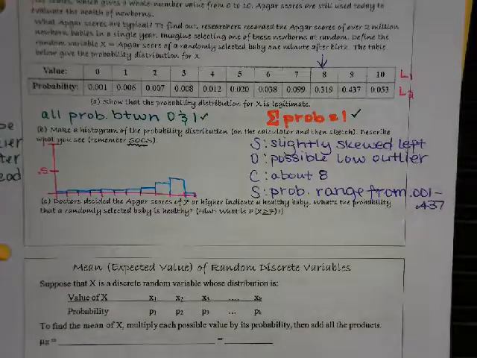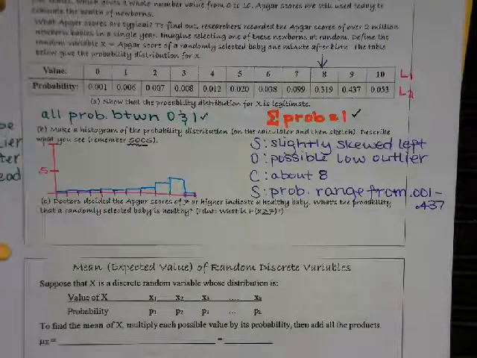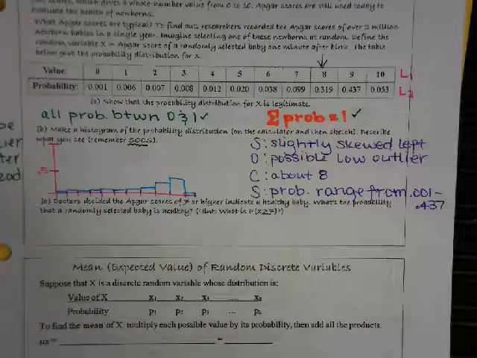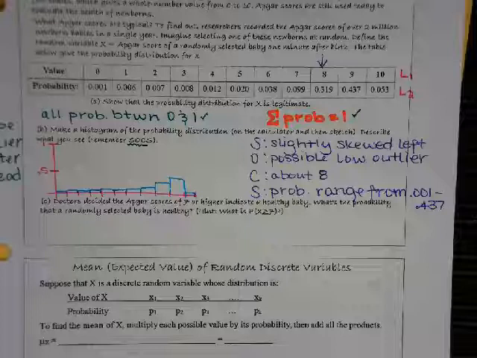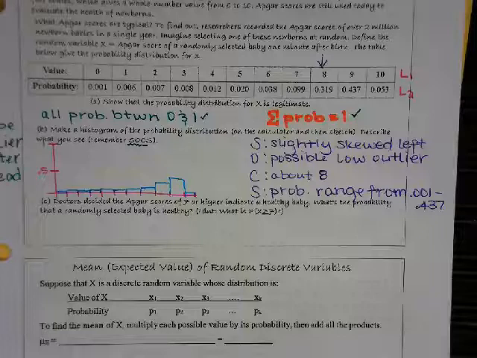All right, part C says that doctors decided the APGAR scores of 7 or higher indicate a healthy baby. What's the probability that a randomly selected baby is healthy? So in math notation, we want to find the probability that X is greater than or equal to 7.